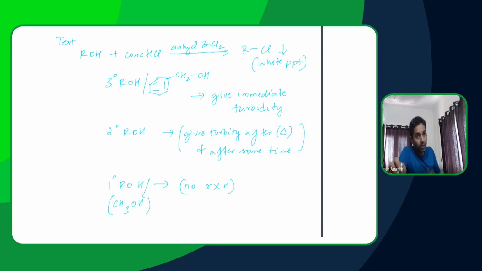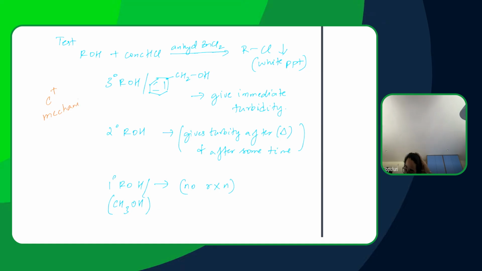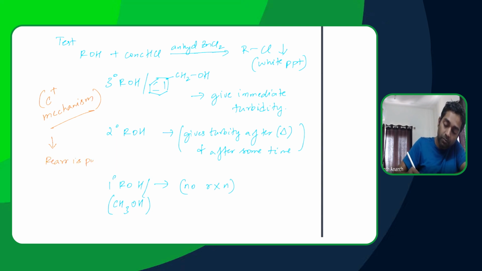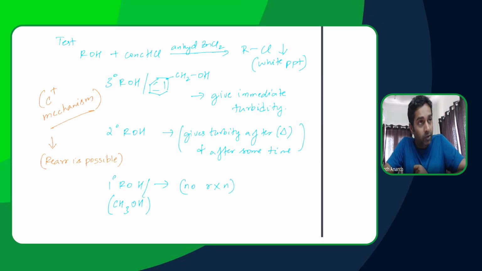Now, what is the idea over here? How is this reaction supposed to be going here? If it is going to be giving you this kind of scenario, quite clearly the mechanism has to be carbocation mechanism. Yeah, exactly. So if it is a carbocation mechanism, rearrangements are definitely possible, because it's going to be involving carbocations.